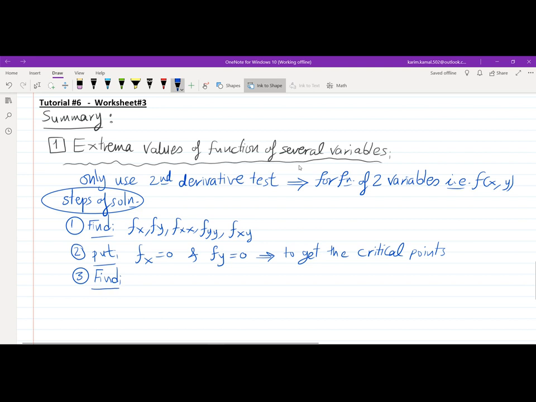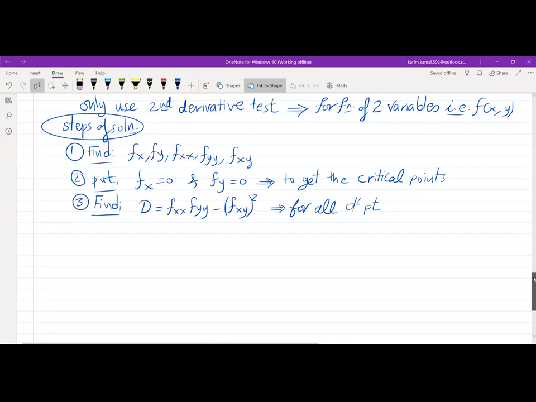D will be equal to fxx times fyy minus fxy all squared, and we find this D for all critical points we got in step number 2. And now, what are the cases for this value of D?